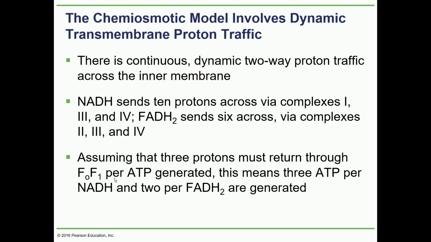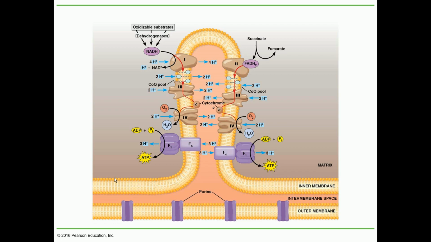So when 10 protons pass through ATP synthase, 3 molecules of ATP will be produced, and similarly for FADH2, it results in the pumping of around 6 protons, which means 2 molecules of ATP.